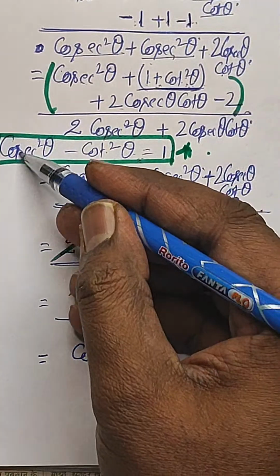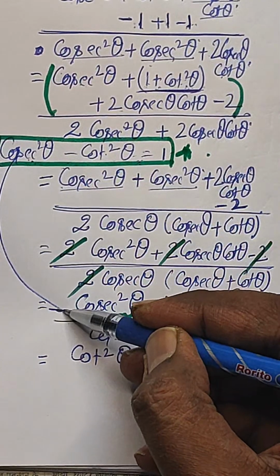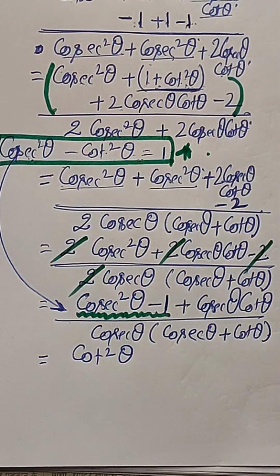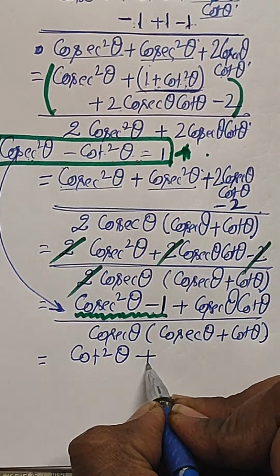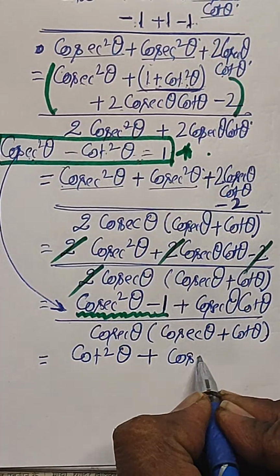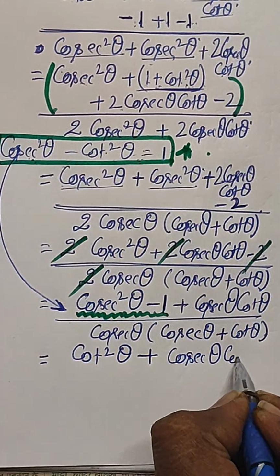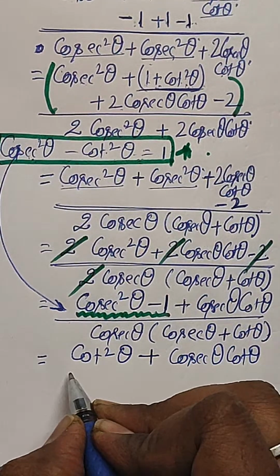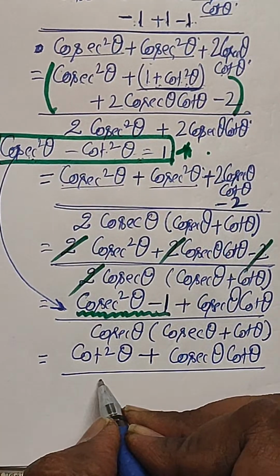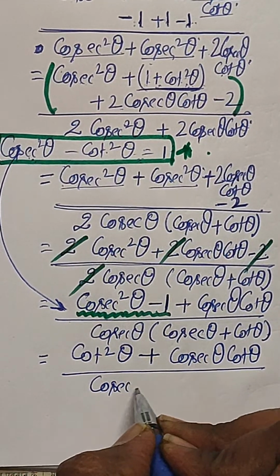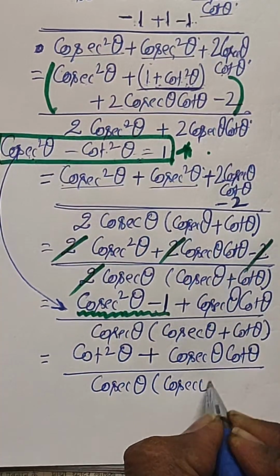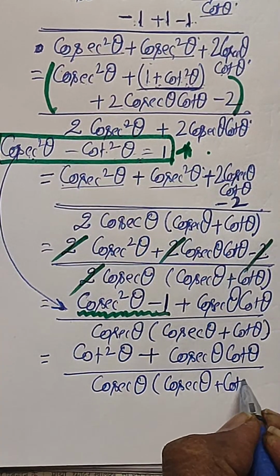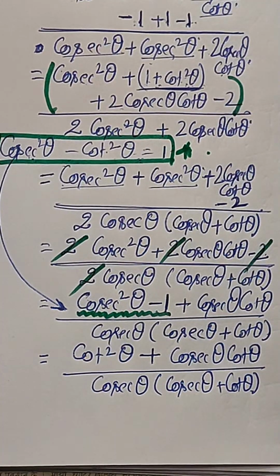We have used this formula over here. Simple, right? So it will become cot square theta plus cosec theta cot theta, and in the denominator we have cosec theta already in common, and cosec theta plus cot theta, right?